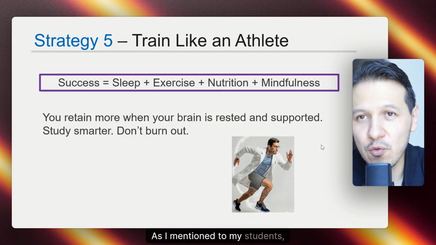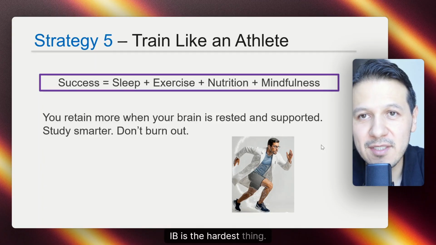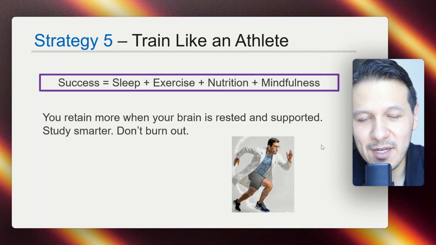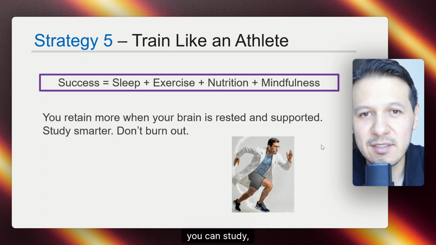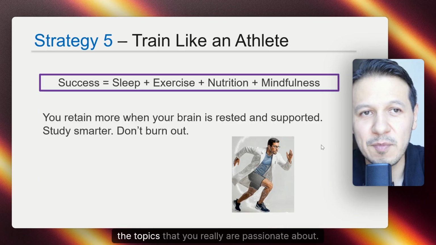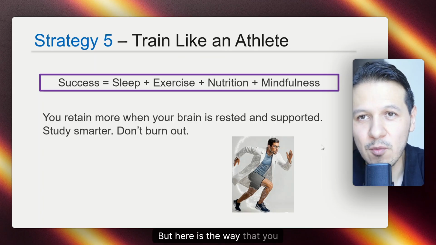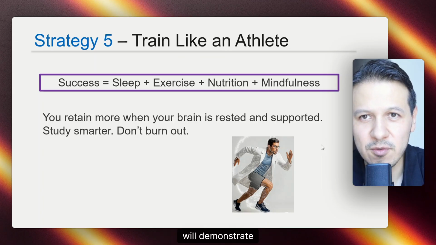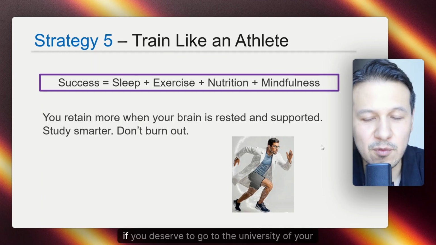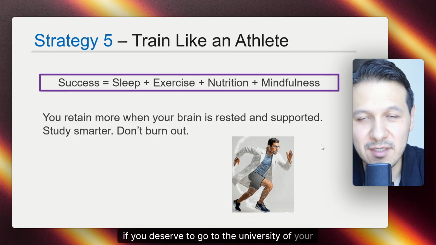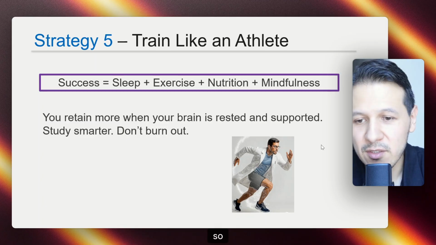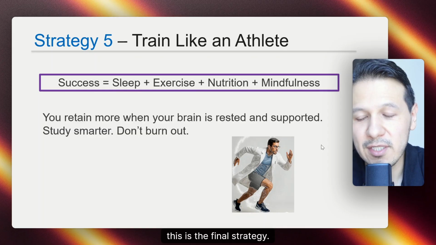As I mentioned to all my students, IB is the hardest thing, the DP diploma. Once you get to the university, you can study the topics that you really are passionate about. But here is the way that you will demonstrate if you deserve to go to the university of your dreams. Okay, guys. So this is the final strategy.